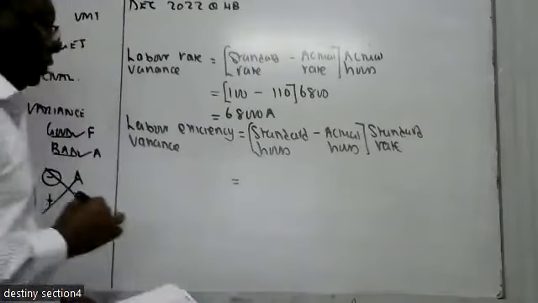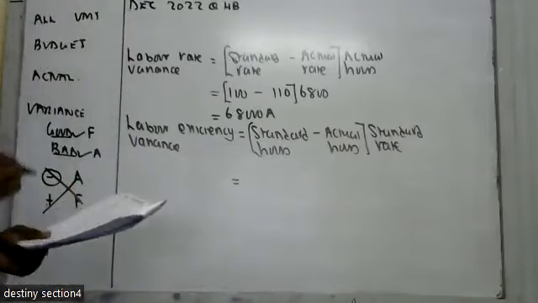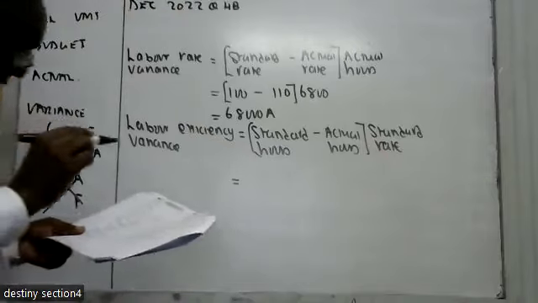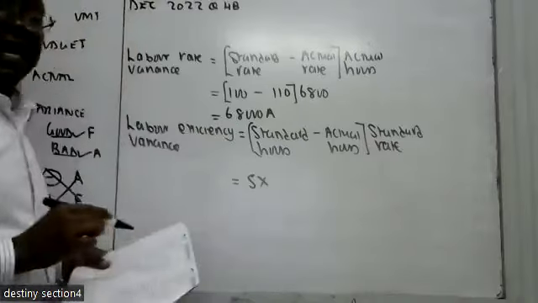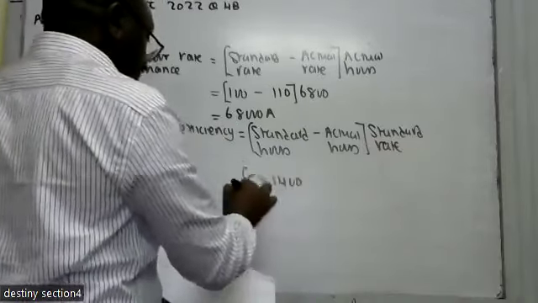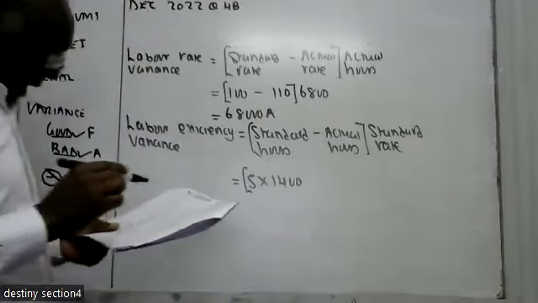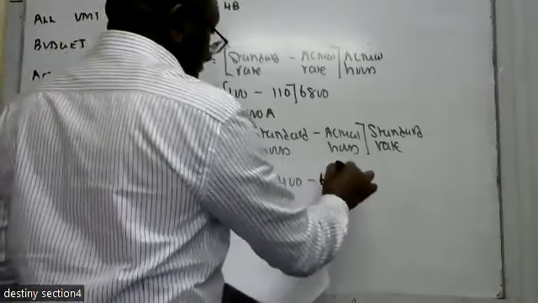Sasa, the standard hours, unarudi pale kwa standard card. Unapata 1 unit ilifaa kutumia how many hours? 5. You multiply by the actual units that were produced, 1,400. Minus the actual hours are 6,800.